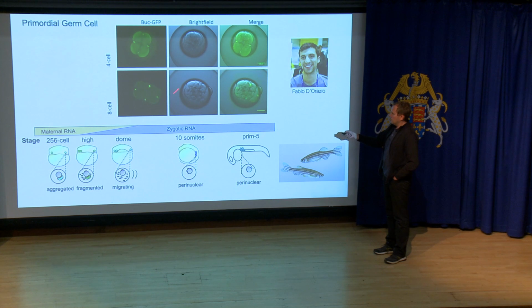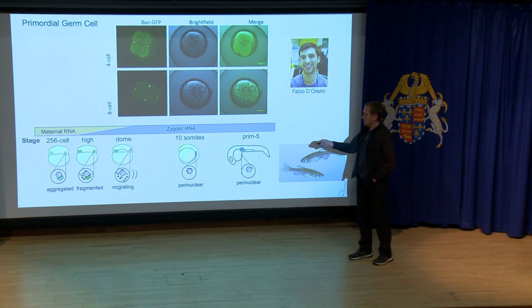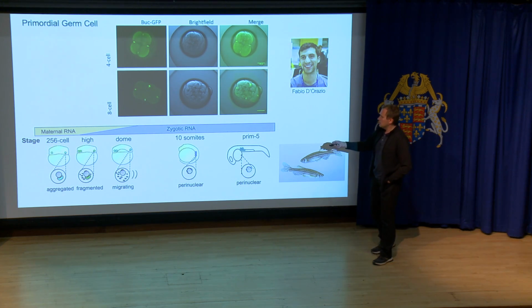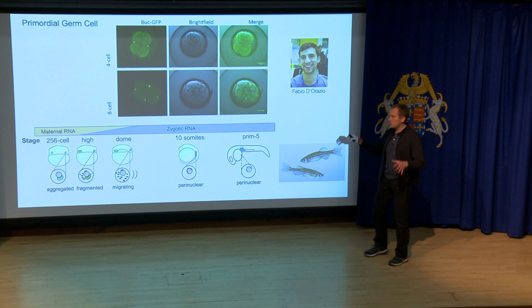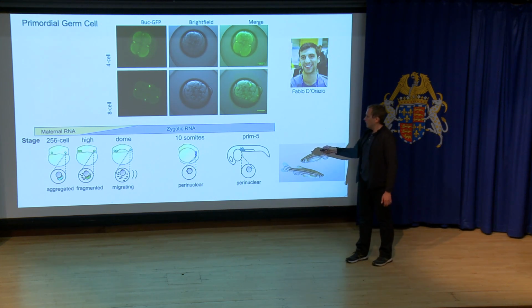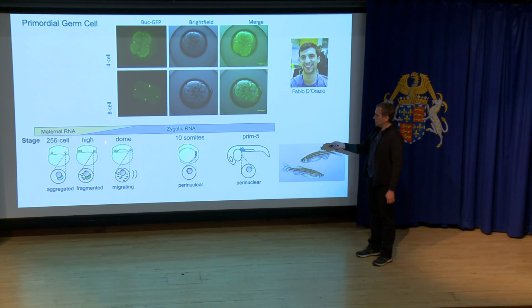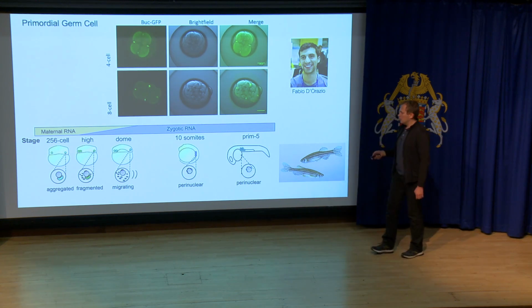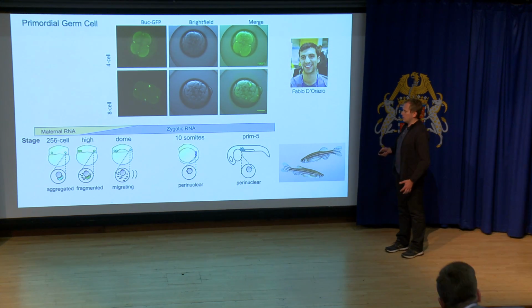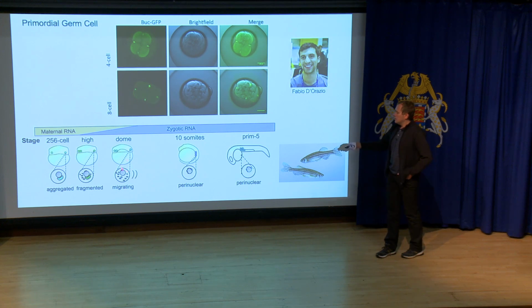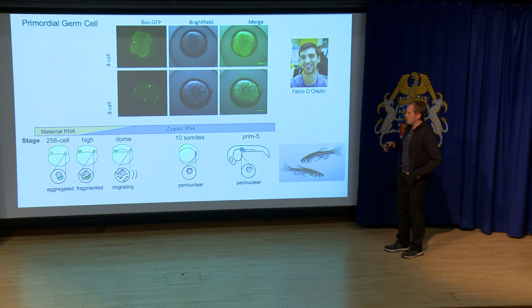After many more cell cycles, these primordial germ cells locate into 4 corners of the embryo, and around 3 hours post-fertilization, this germplasm starts getting fragmented, and then around 4 hours after fertilization, so into gastrulation already, these cells start to migrate.